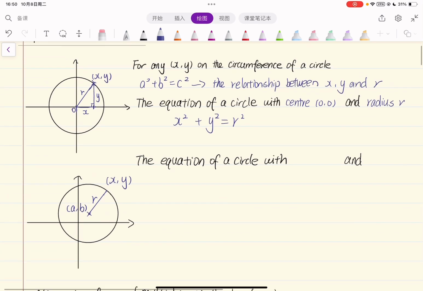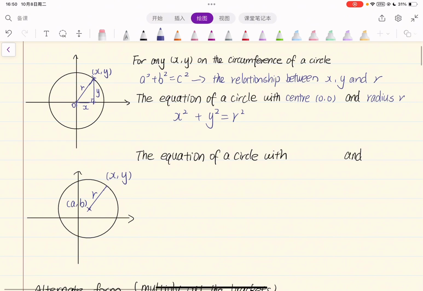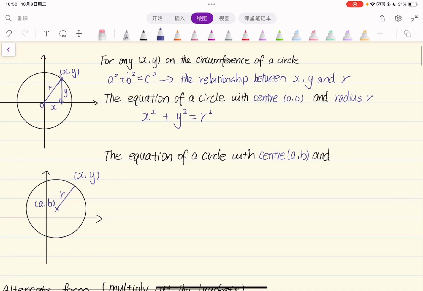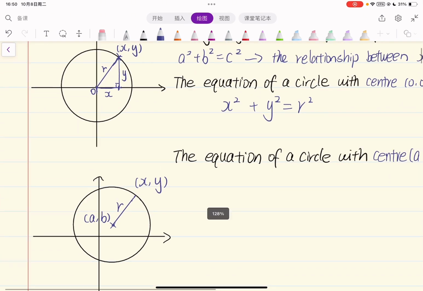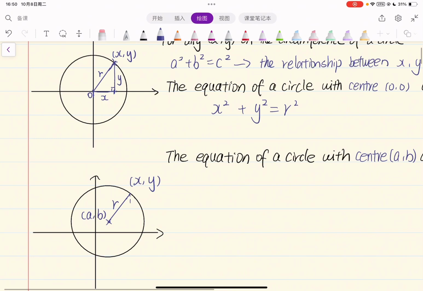Now how about if we change the center? We have the center a, b and the radius r. Similarly, we need to find the relationship between them. So we also make a right angle triangle.